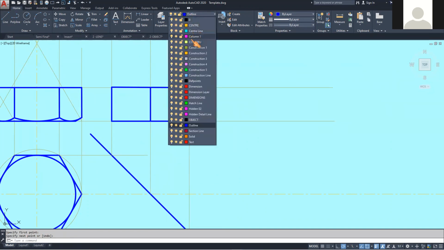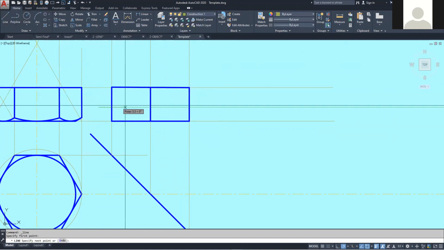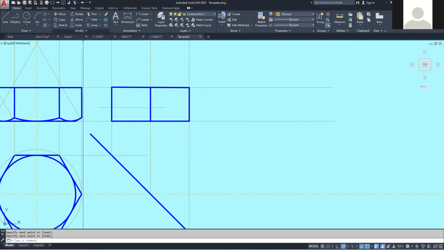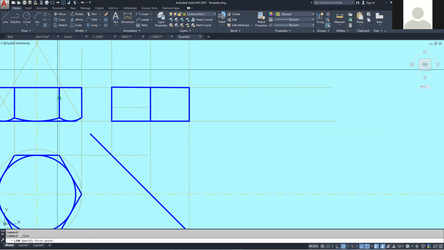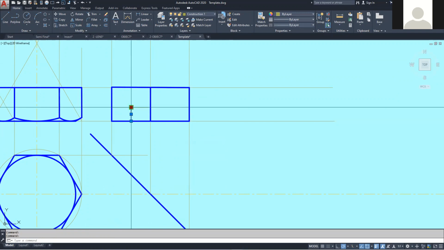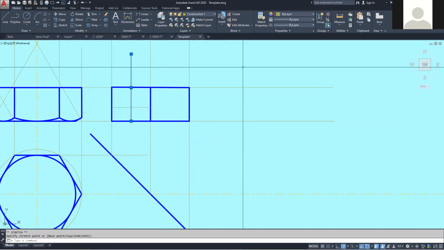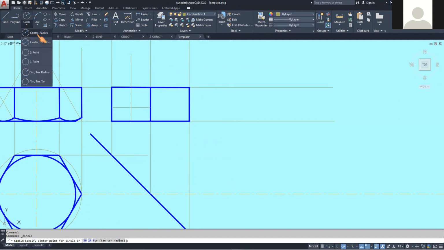You normally draw a nice construction line. Find the middle of this line. Way down to here. Carry it up. And you're using radius 10. Center, radius.